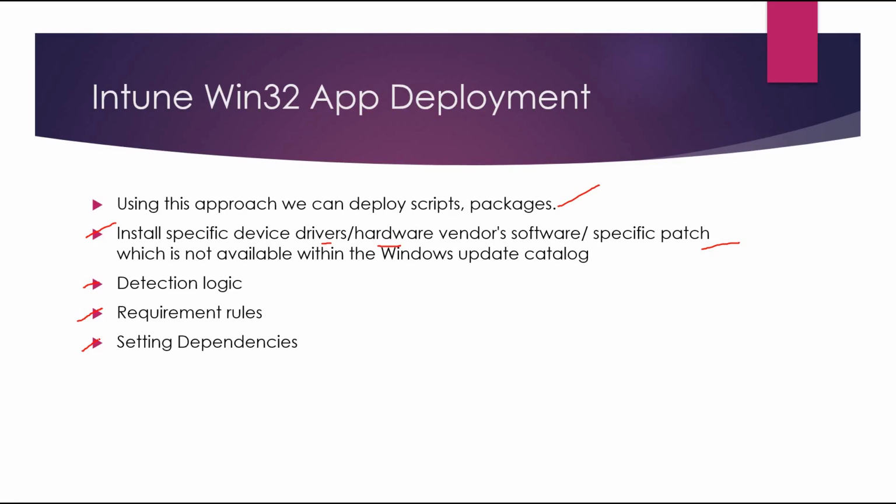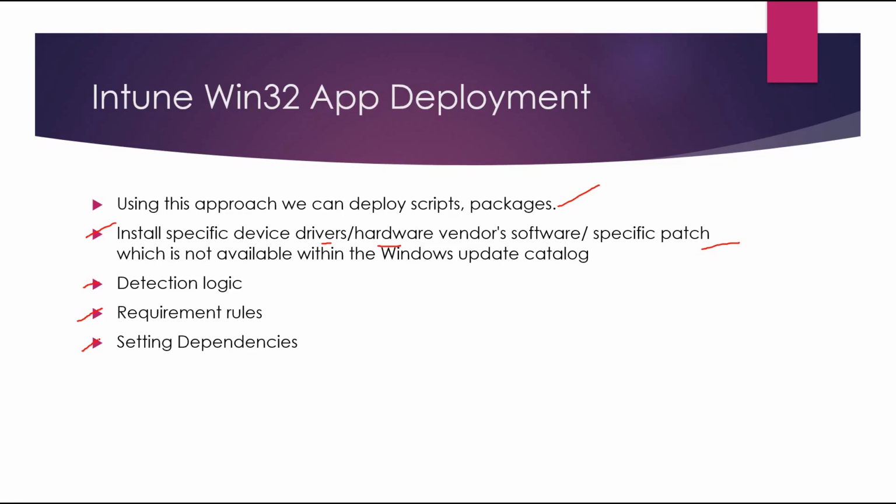However, with the Win32 app approach, this is a major add-on, and now we have the ability of setting up dependencies. What that means is I can set up the deployment of the Win32 application in a way that I can say that, you know what, app A is dependent on app B. What that means is, even if we have only deployed app A, even if we have not even targeted and deployed app B, but when we are deploying app A, we have made this dependency of app A on app B, then automatically app B will be installed on the device first.